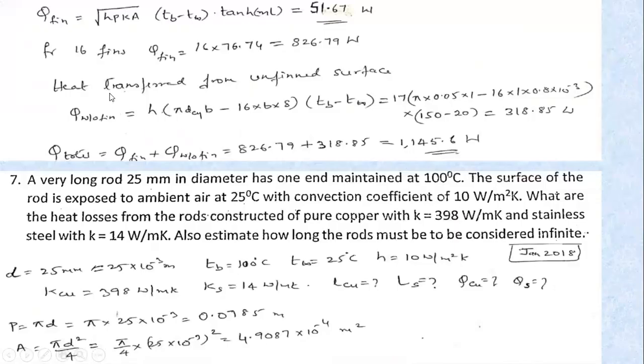So, how do you obtain the heat transfer from the unfinned surface? That is, the space between the fins is called the unfinned surface. It is given by the total pi into d, that is the total cylindrical circumference, multiplied by this breadth.